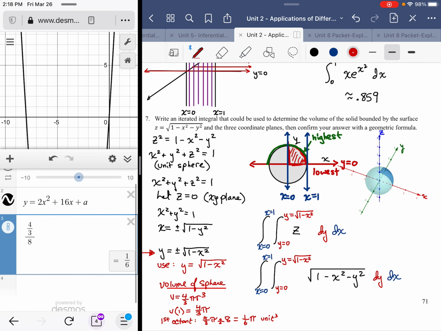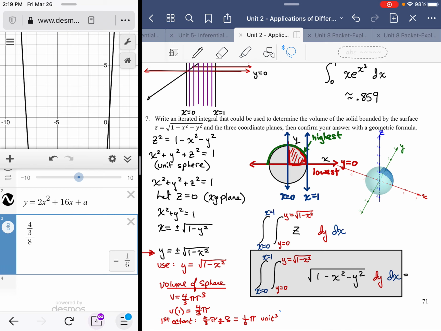All right, so this is what we should end up with after doing all this work. We have our iterated integral, but by the way, this is all they were asking us to do in terms of the main objective of the question. That should give us the 1/6 pi cubic units.